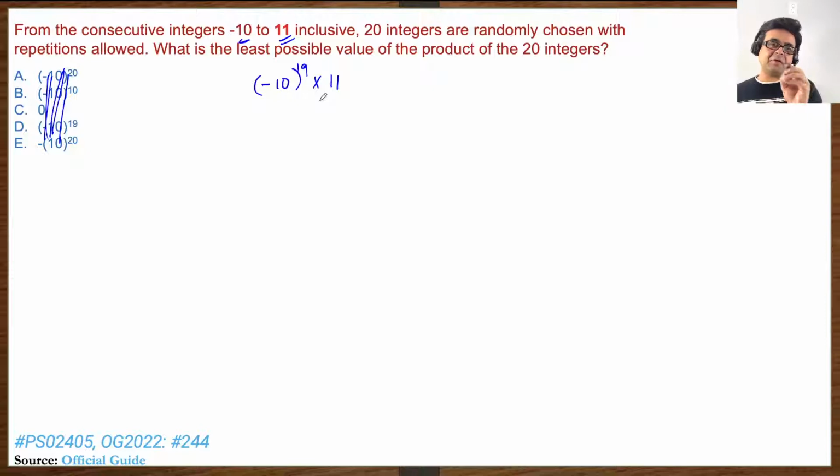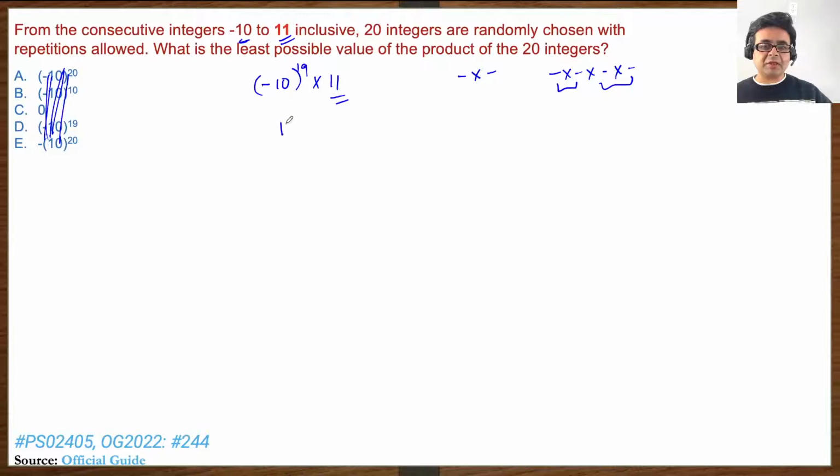If I have the negative number an even number of times, then it becomes positive. Minus multiplied by minus is positive, and minus multiplied by minus multiplied by minus multiplied by minus is also positive. So the question is testing your understanding of multiplication of negative numbers. So this is one possibility.